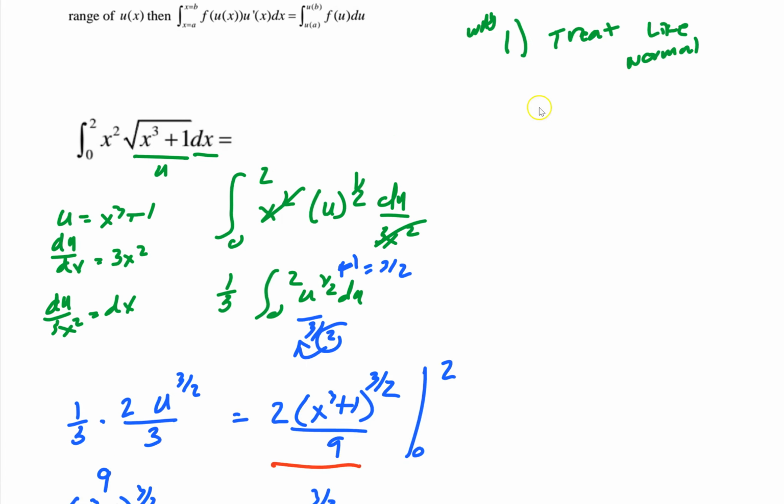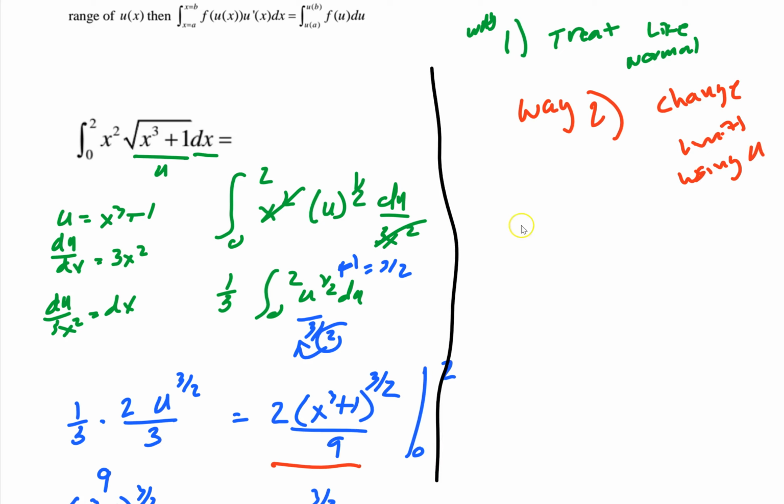Way 2 is you change your limits using the u. So this is what it will mean, right? Way 2 is right here. We still have u equals x cubed plus 1.